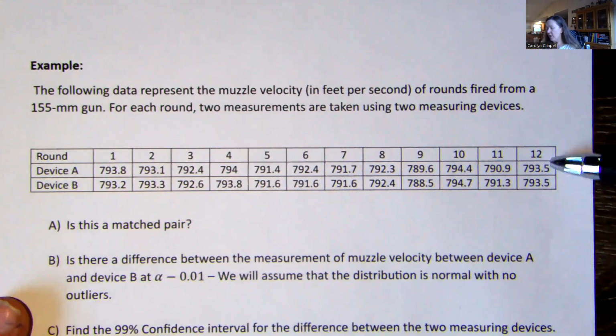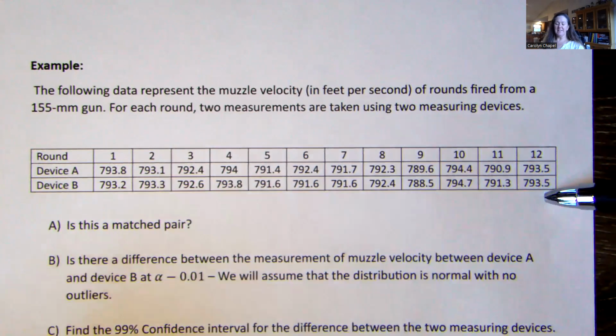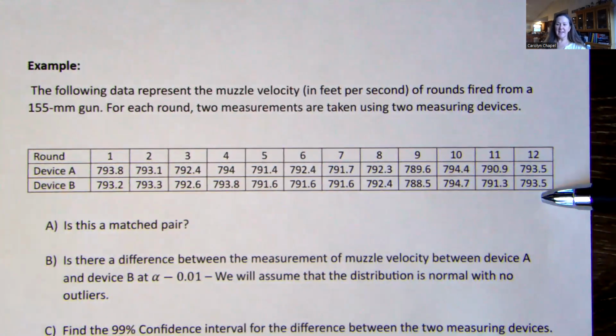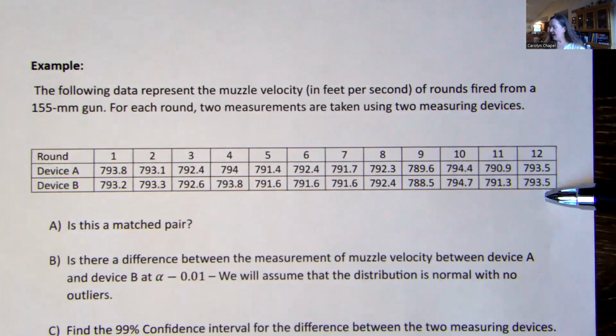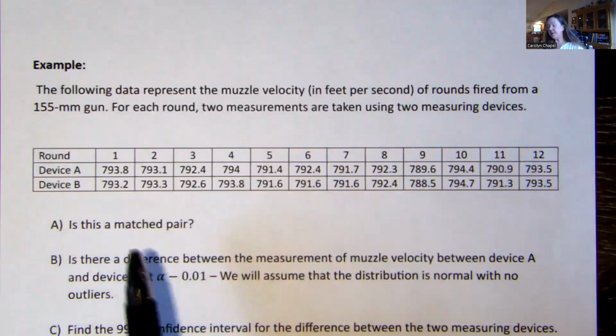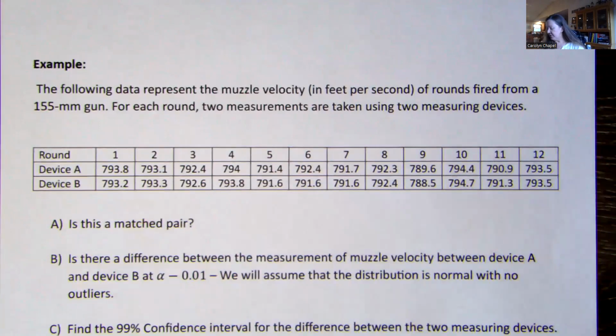And since we have raw data, that's why a lot of these things, we want to use technology to save us a lot of the mess. And I'll show you what it does for us and why we like to use technology versus doing it all by hand. It is a matched pair, as I said just a little bit ago. Each shot dictates the two different measurements.